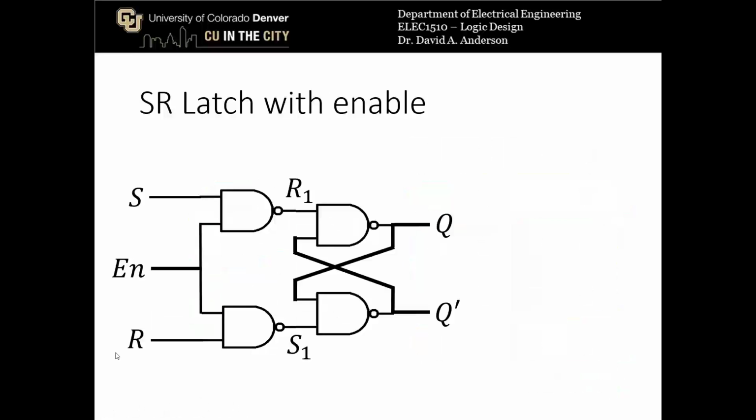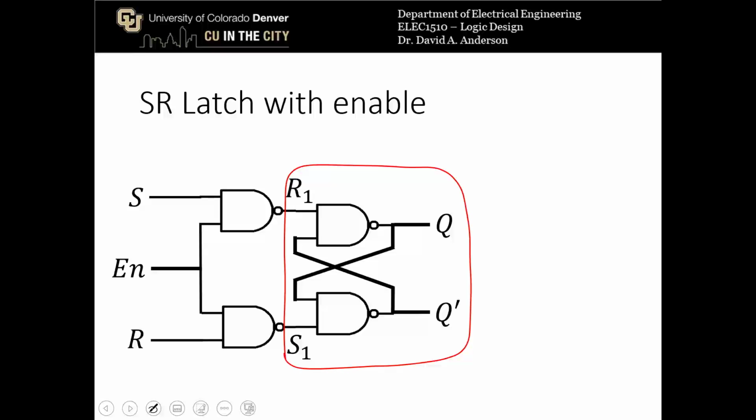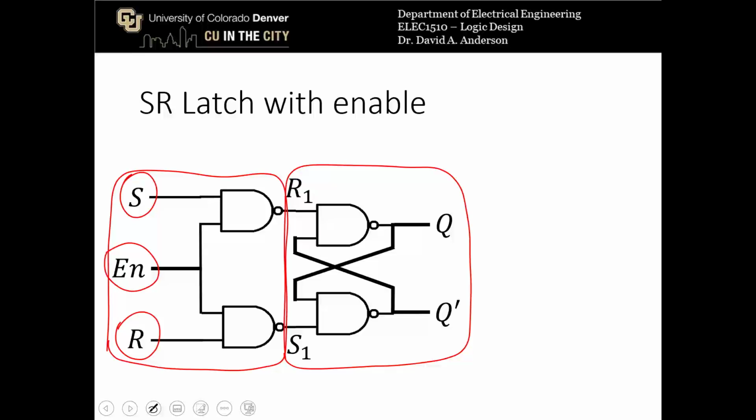Let's look at something now called an SR latch with enable, which is a more useful version of a traditional SR latch. We have the SR latch as we have seen it before here, with inputs R sub 1 and S sub 1. Now we also have added this whole front end system here with the real inputs S for set and R for reset, and then an enable input.